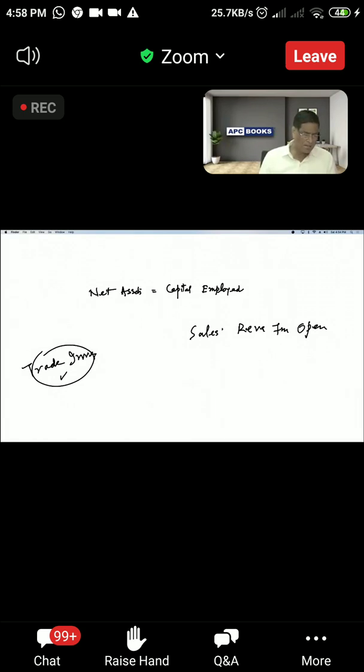Inventory, including loose tools. Sometimes a question is put about loose tools.